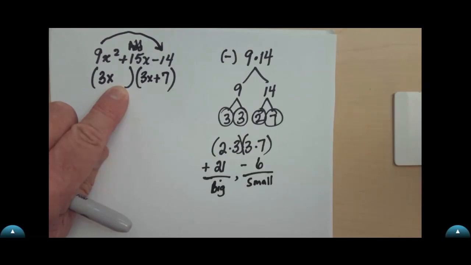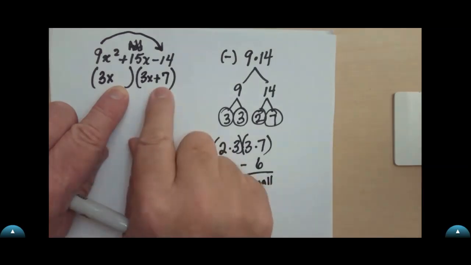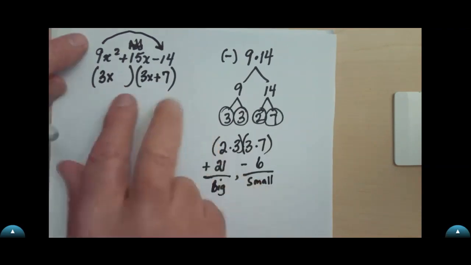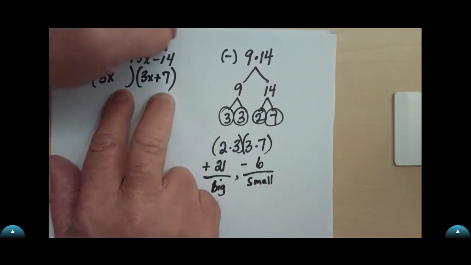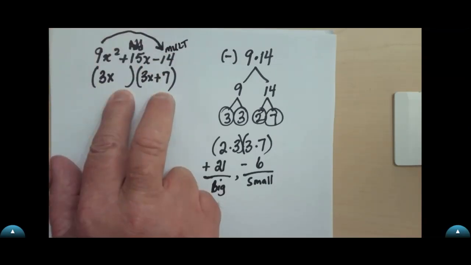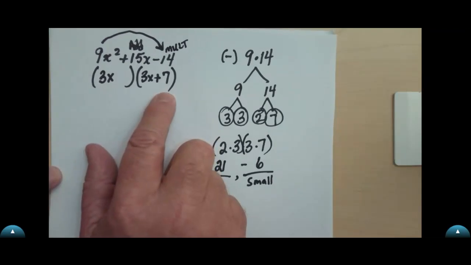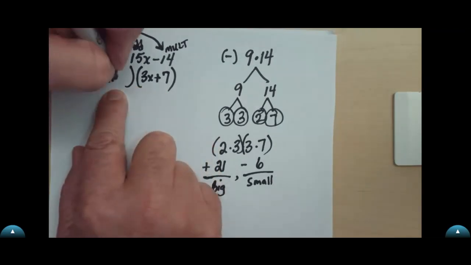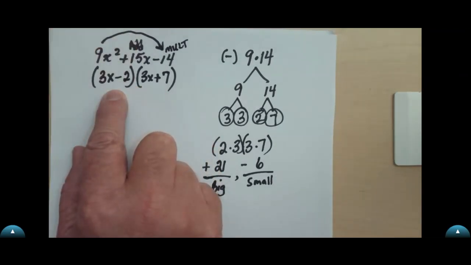I hear whispers, but I'm an old man and I can't hear unless you say it. Wouldn't it be -2? It would be -2. Because remember, these two numbers have to multiply to be -14. So if this number is positive 7, do y'all see why this number has to be -2?